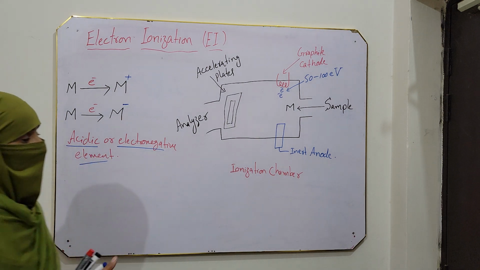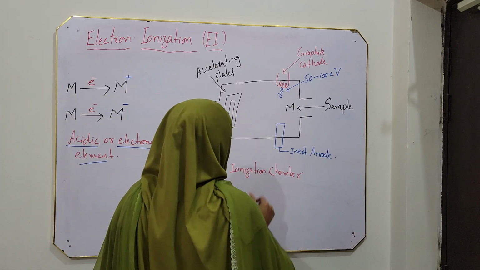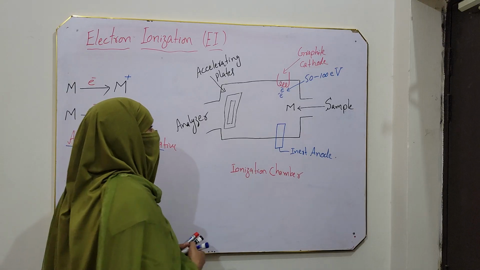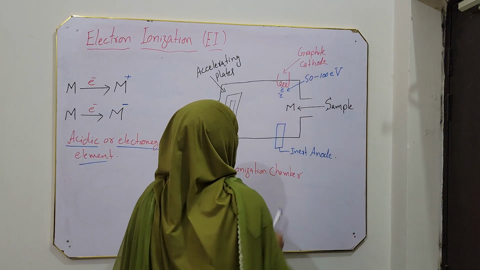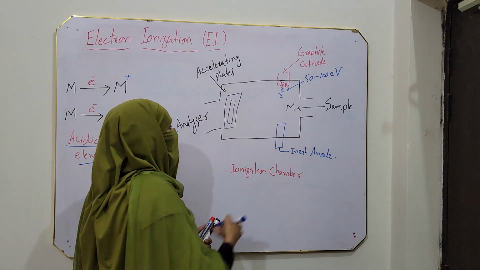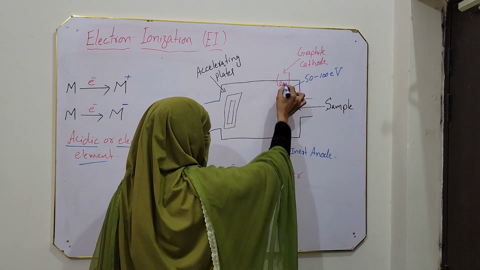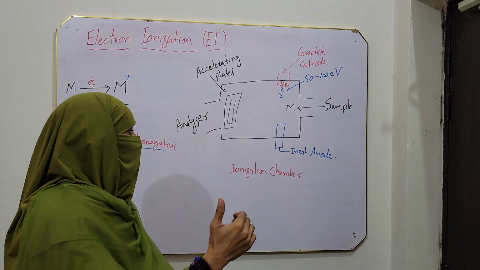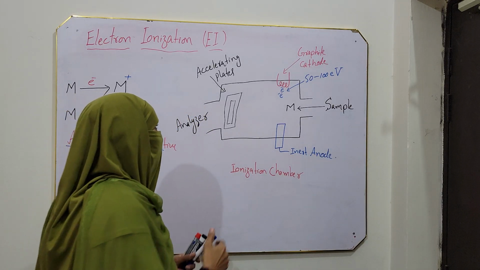Now, how does it work? For electron ionization, we have an ionization chamber. In this chamber, on one side, there is a cathode made of graphite. Exactly opposite to this graphite cathode, there is an anode, made using some inert metal.